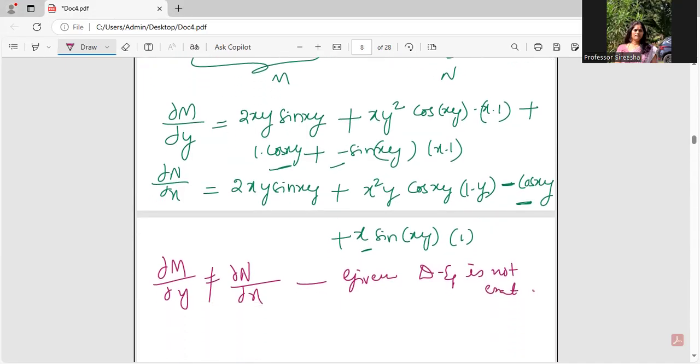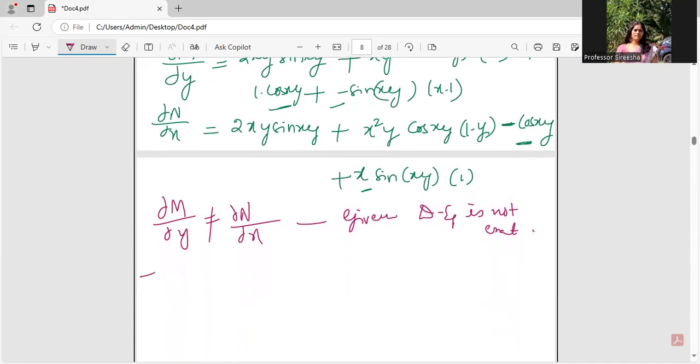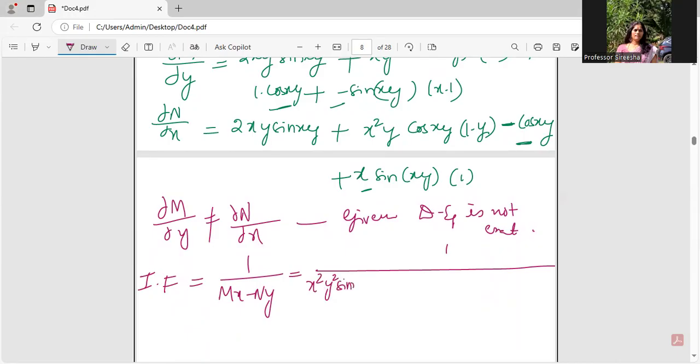After writing it, you will proceed to find the integrating factor, and I'm pretty sure what the integrating factor is in this case. It is 1 by Mx minus Ny. It's a bit tedious to evaluate, but it is fine. M you multiply with x, so I'll be having x squared y squared sin xy plus xy cos xy.